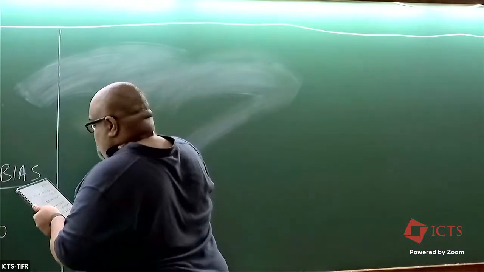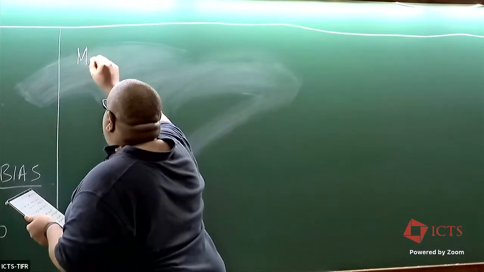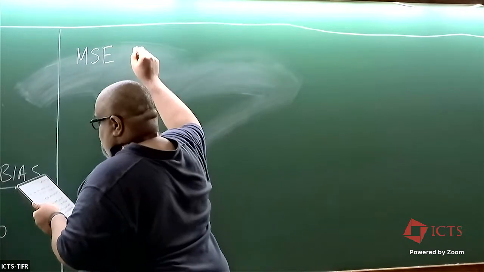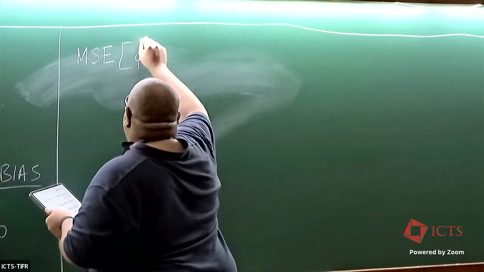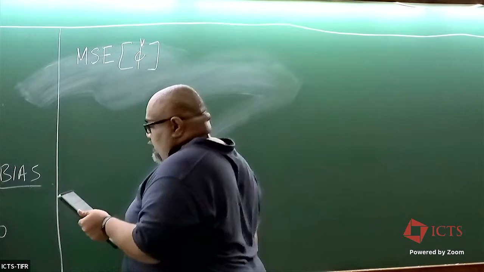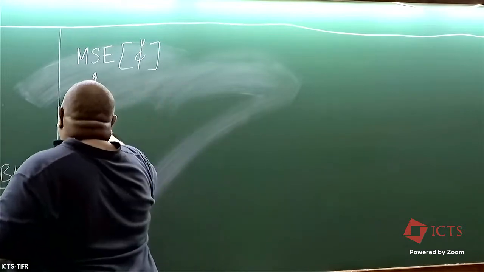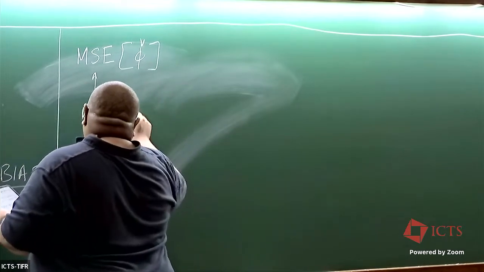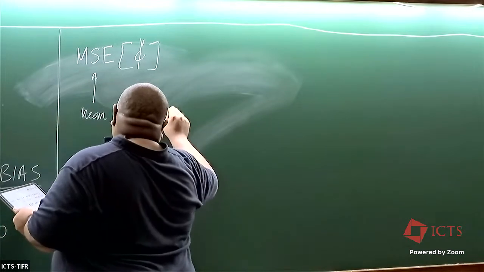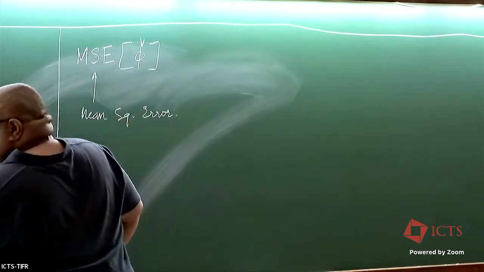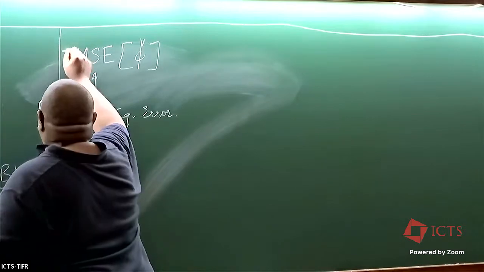So let me consider this quantity, which is the mean square error of my estimator. This is point number 7.